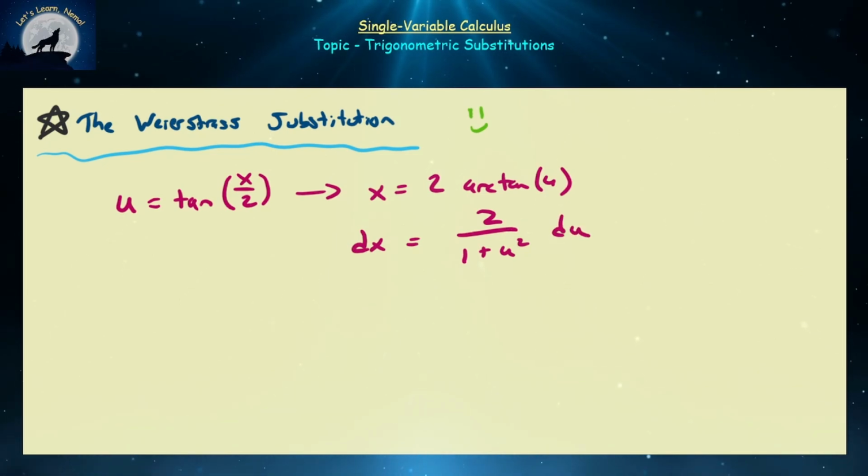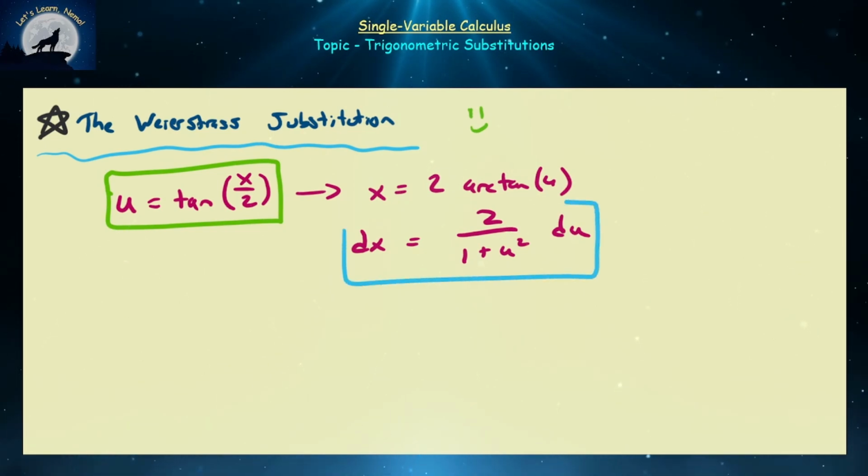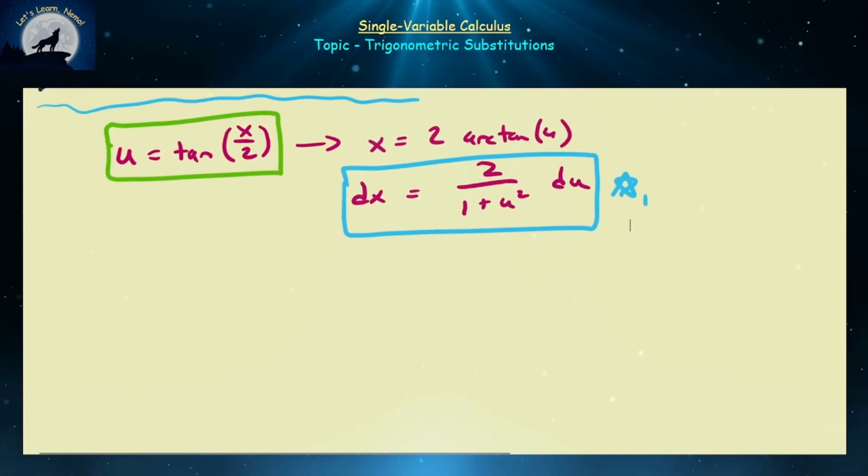So if I use this u substitution, I'm always going to get a differential of x represented in terms of a function of u only. Now you might be thinking, isn't that the case for pretty much all substitutions? For the most part, yes. But there's a really important point that I want to make here, and it'll all come together at the end.